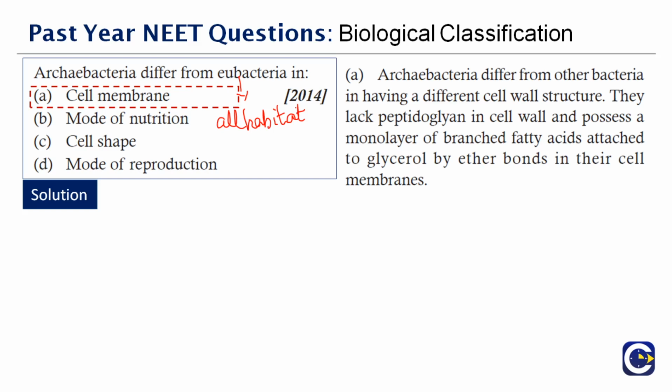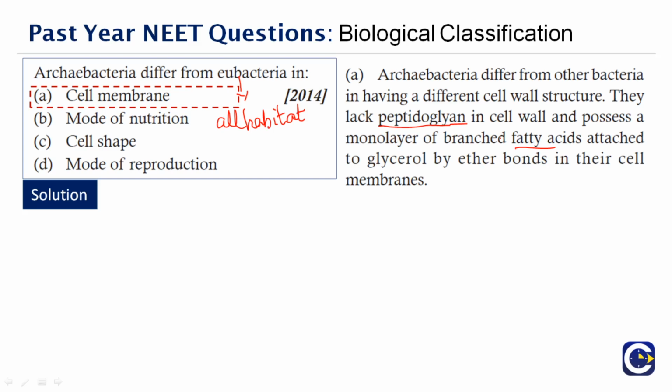So what happens here, see, peptidoglycan is a common cell wall component that is present in any bacteria. But this peptidoglycan is replaced by a monolayer of fatty acids, which will give extra protection for the cell wall from getting damaged, even under unfavorable conditions.